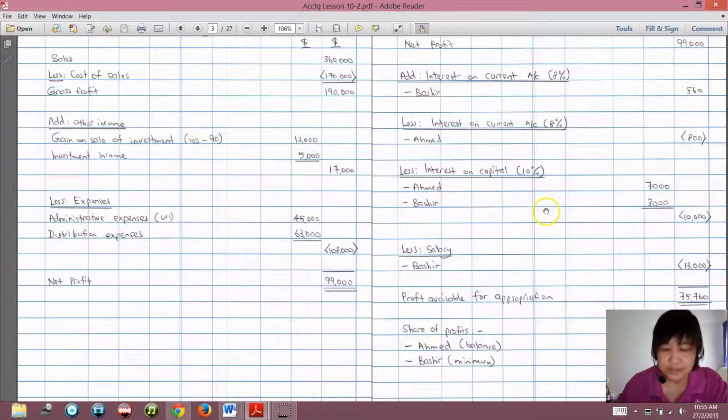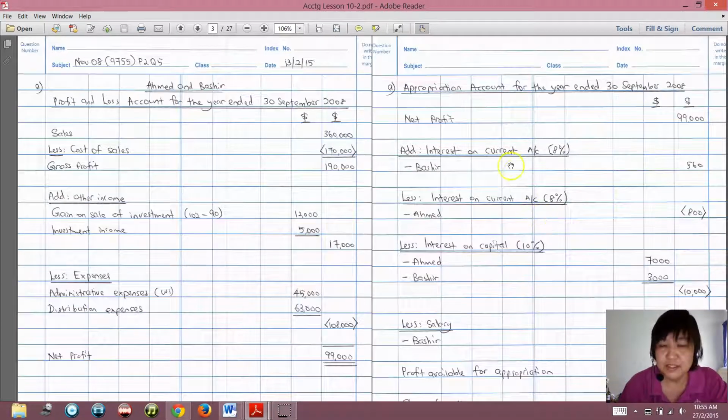So you see, all this is we charge the partner. That means the partner is supposed to give to the company, and the company is also supposed to give to the partner so much.